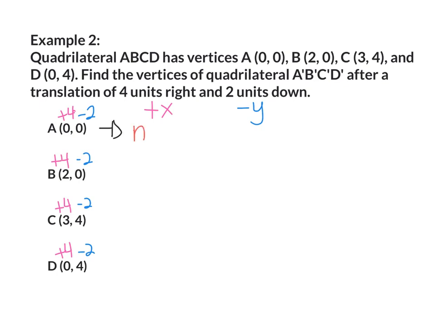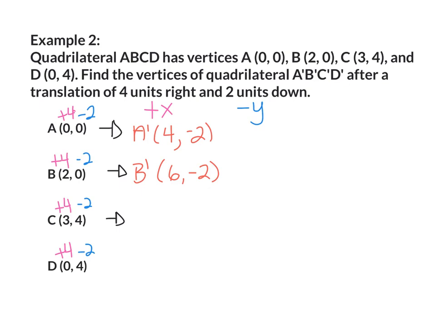Okay, so for A prime, I have 0. I'm going to add 4. That will give me 4. I have 0. I subtract 2. That will give me negative 2. Now B prime. I have 2. I add 4. That gives me 6. I have 0. I subtract 2. That gives me negative 2.